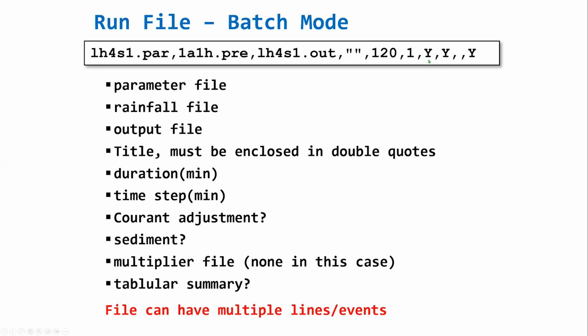And I would suggest you always answer yes to this. Is there sediment included? Again, if you have erosion and sediment going on, this is where you would say yes. And then a multiplier file. And we don't have one in this particular case. We'll show you what that does in just a minute here. And then do you want a tabular summary? That's yes. So the file can have, again, multiple lines, multiple events in it.